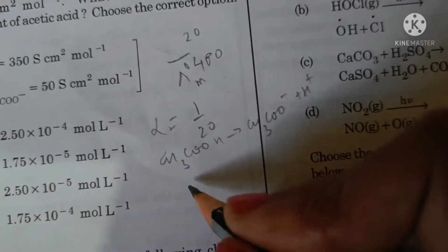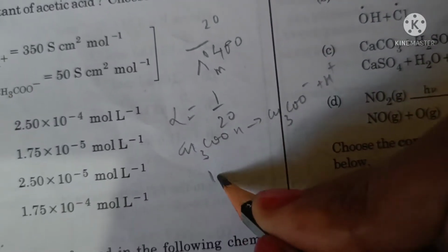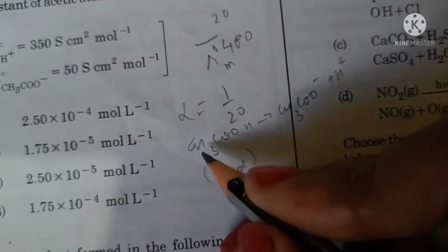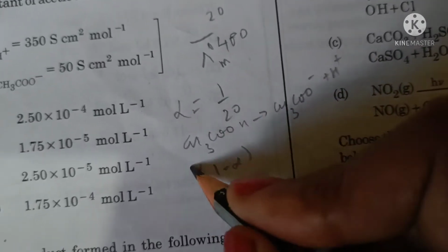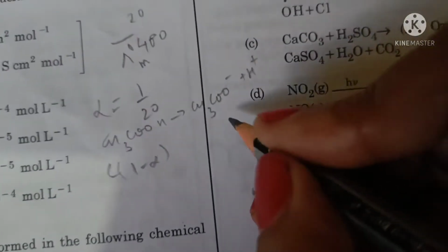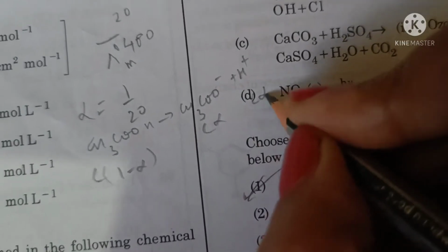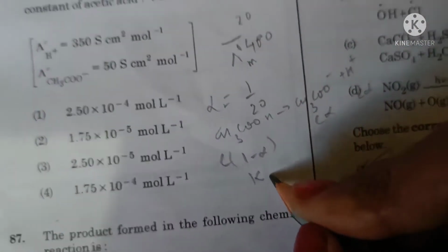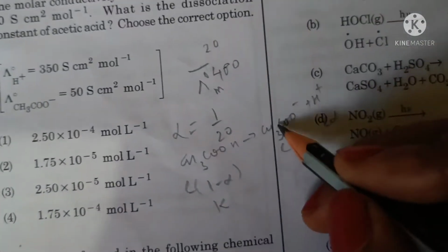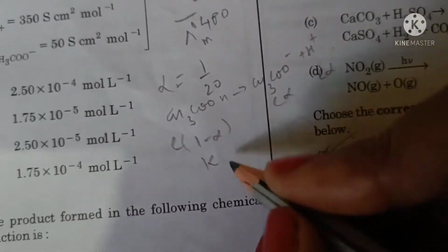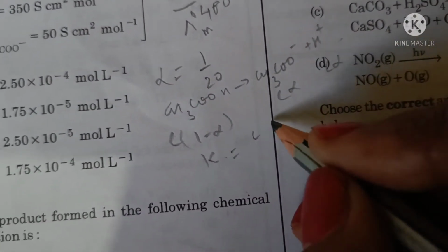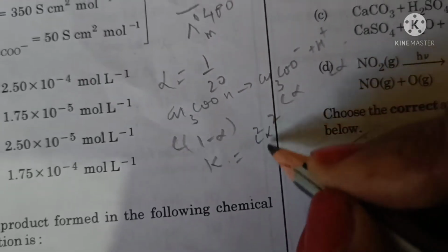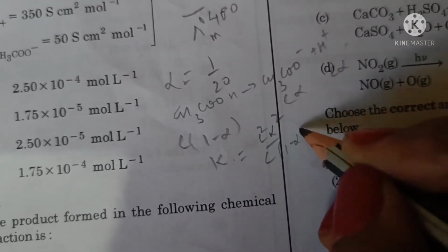So at equilibrium, when alpha has dissociated out of 1 mole, the concentration at equilibrium for acetic acid will be C into 1 minus alpha, whereas for acetate ions and hydrogen ions it will be C alpha and C alpha. So the dissociation constant will be concentration of products upon reactants. This will be C square alpha square upon C into 1 minus alpha.